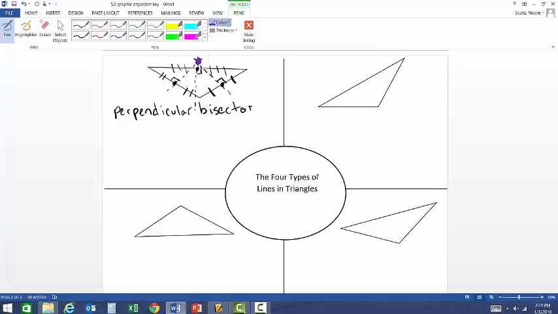So let's go ahead and define perpendicular bisector. It is a line that splits a segment in half and makes a right angle.